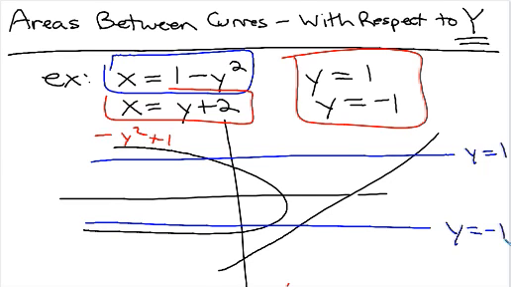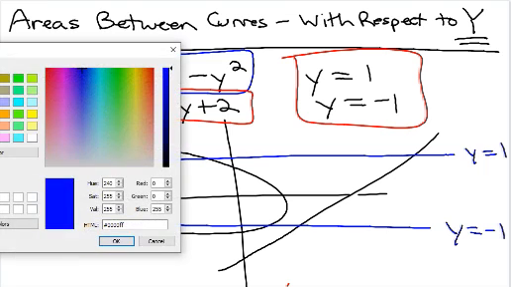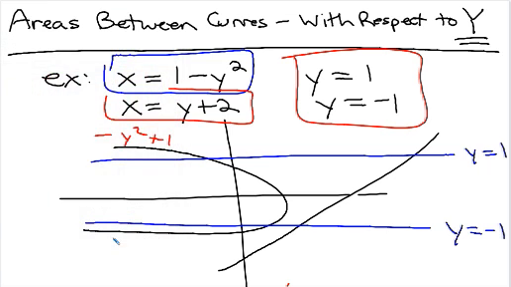Setup is critical on this problem because the actual integration piece is not real hard. The area that we're looking at is this area in here that we need to find. And once you see the picture, all you have to do is integrate the right function minus the left function.